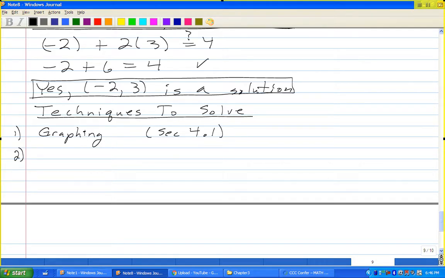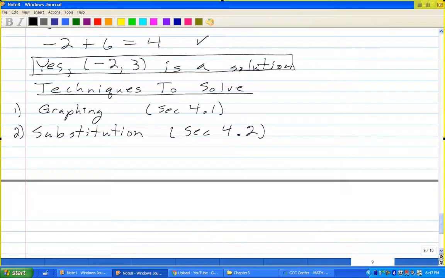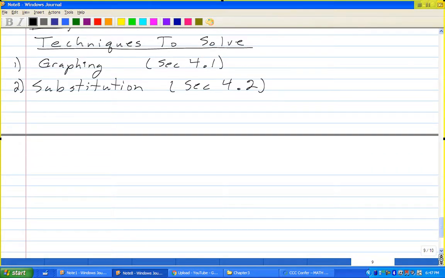The next technique is substitution, and we'll be doing that in the next section. By the way, we'll also be doing this again in a later chapter, I think chapter 8, but in there, it'll be more than 2 equations.